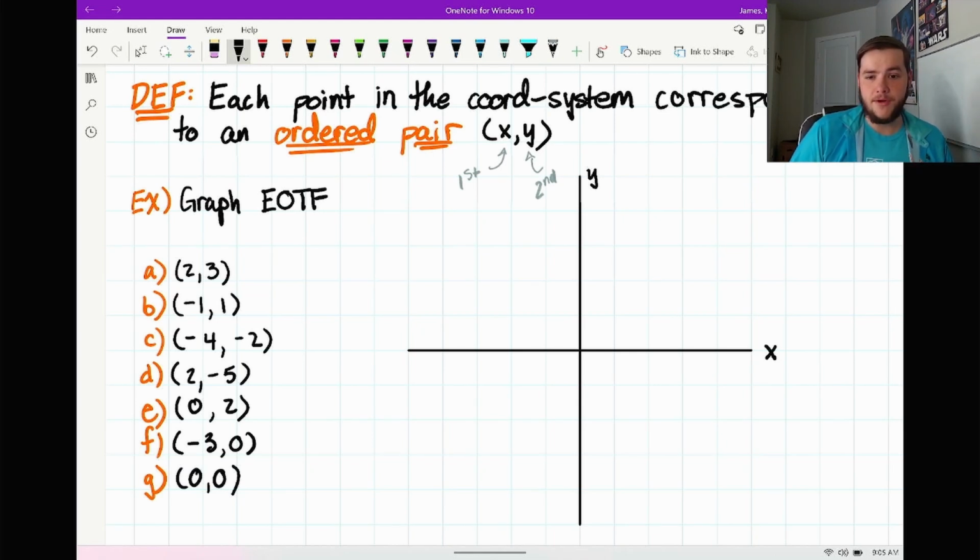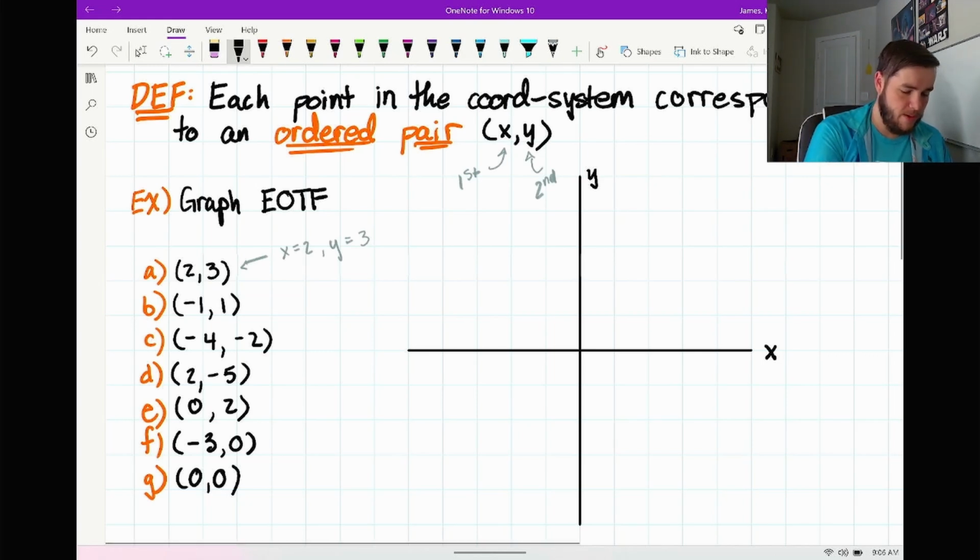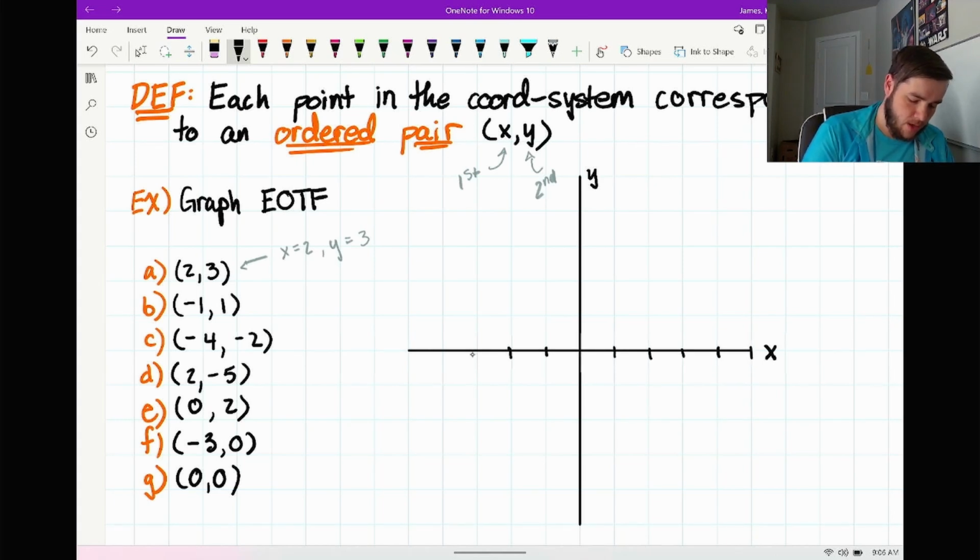So, let's look at our first point here, 2, 3. This tells me x is 2, y is 3. So how do I graph it? Well, I need to go over to 2 on the x-axis. Remember, we have a numbering on our axis.